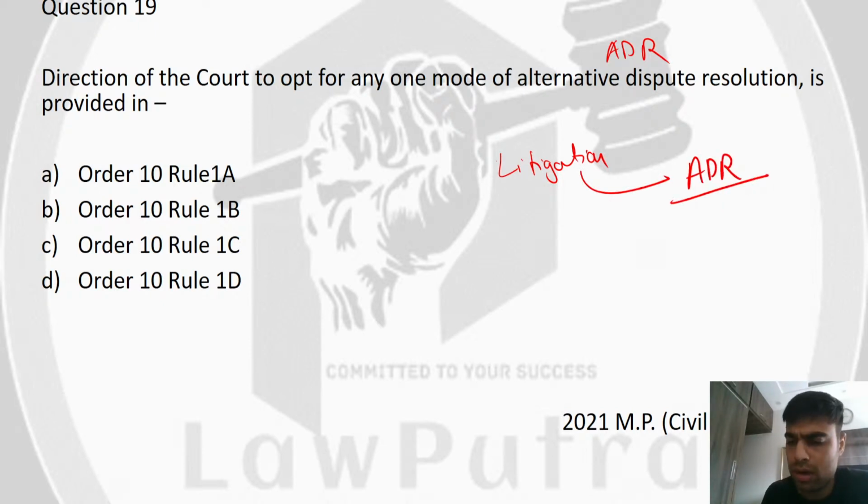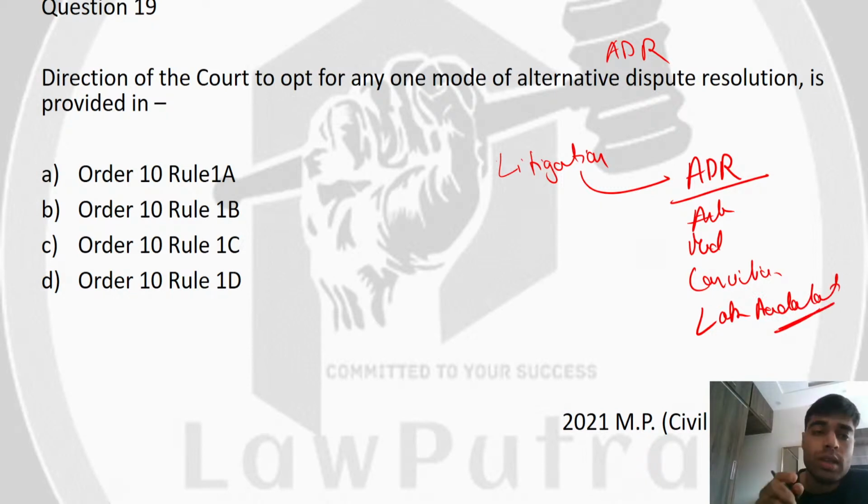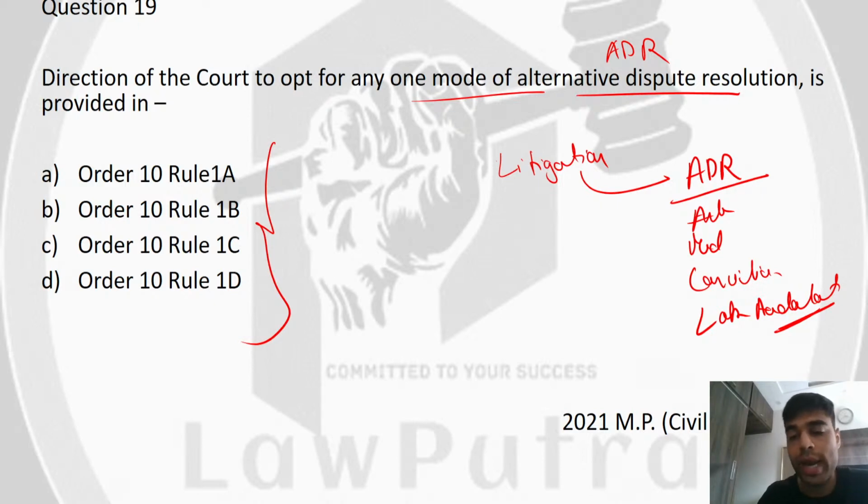There are various modes in it, such as arbitration, mediation, conciliation, or through Lok Adalats. So in which of these provisions does the court have discretion to order that the parties go to the ADR system for settlement of their disputes?